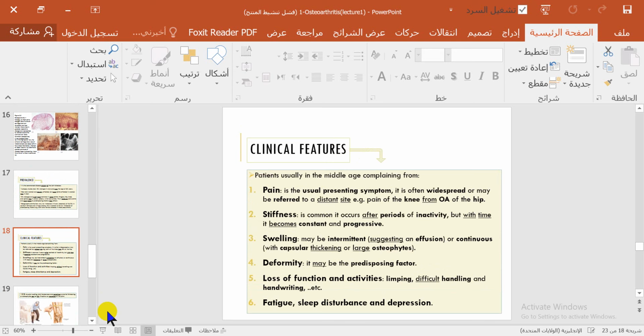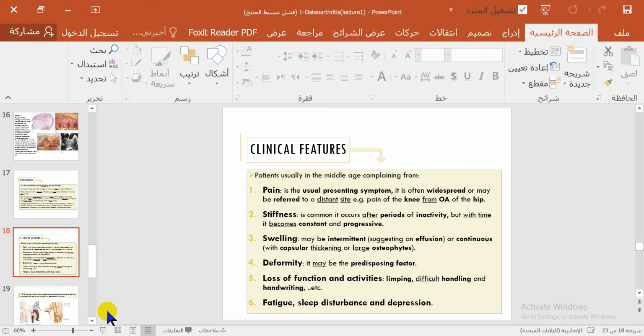Clinical features. The patient is usually middle-aged or older, and pain is the usual presenting symptom. It is often widespread or may be referred to the distal side. Pain in the joint may be due to the OA changes of the hip joint. Stiffness is common. It occurs after a period of inactivity, but with time it becomes constant and progressive.